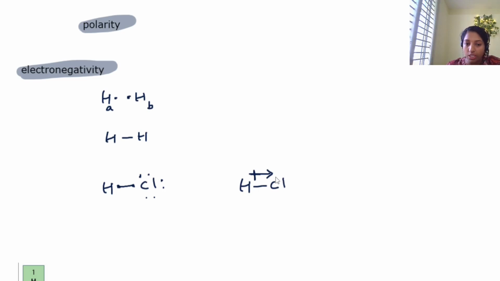Electrons are more in the vicinity of chlorine, so chlorine gets a partial negative charge and hydrogen gets a partial positive charge. This is what we mean by dipole, or polar. Di means two, pole means two ends with different charges. That is the concept of polarity.